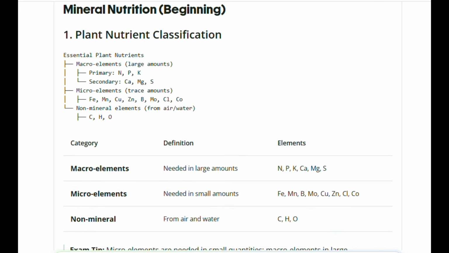I think that basically is what we're going to use.